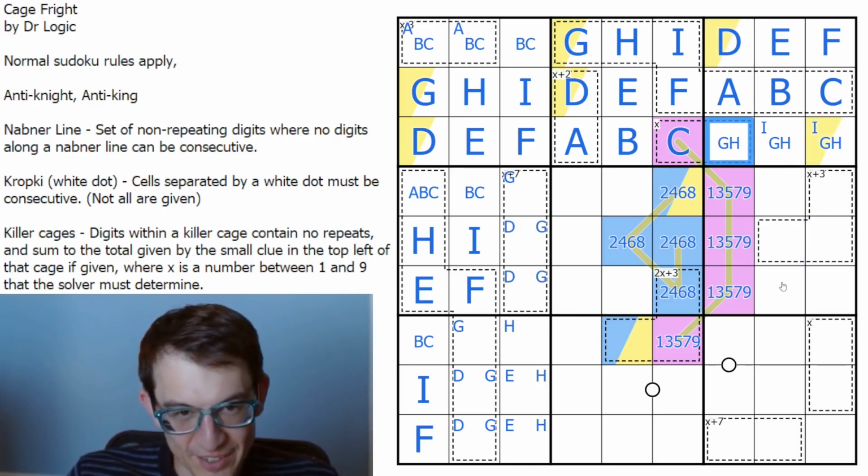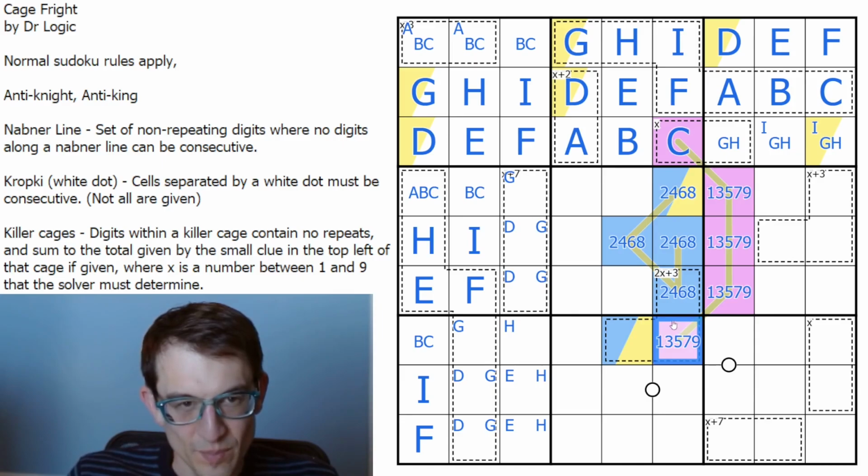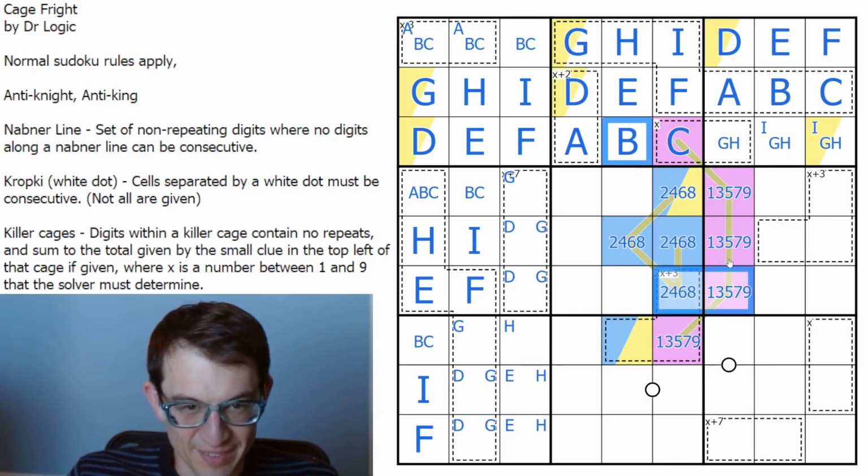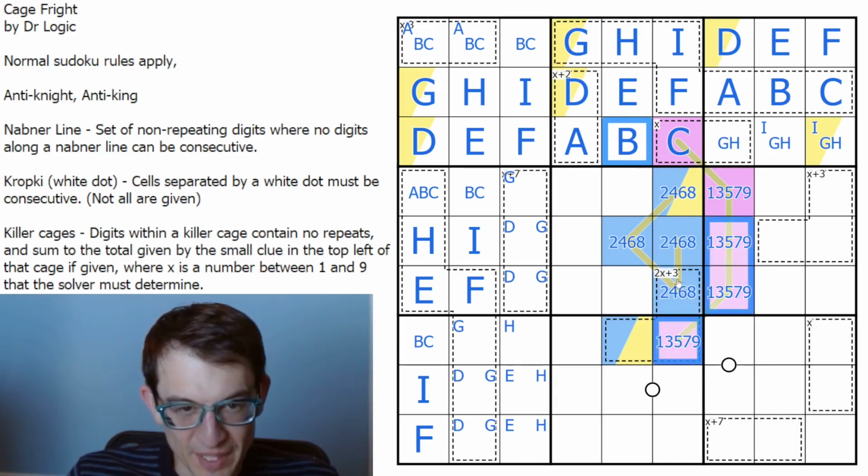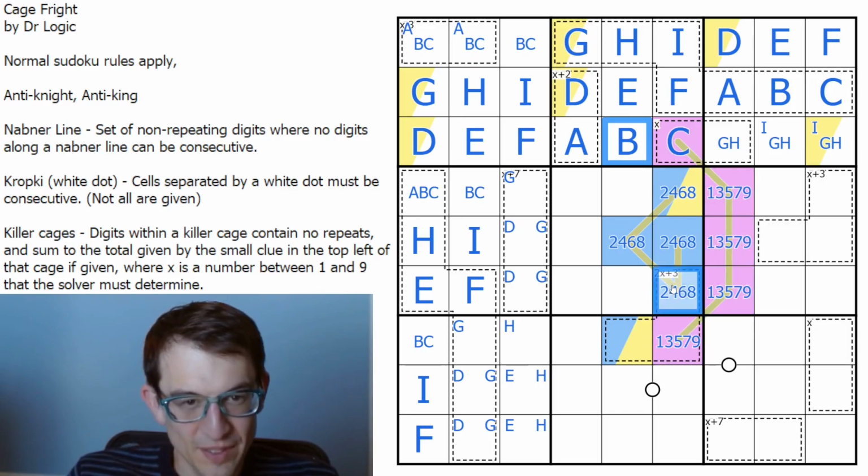With this, do I know if this is odd or even? If it's even, it's one of these two. If it's odd, it's this one. Okay, can B be odd? Yeah, easily. It could be any of these. It's hard to be even. It has to be this one. A could be even.